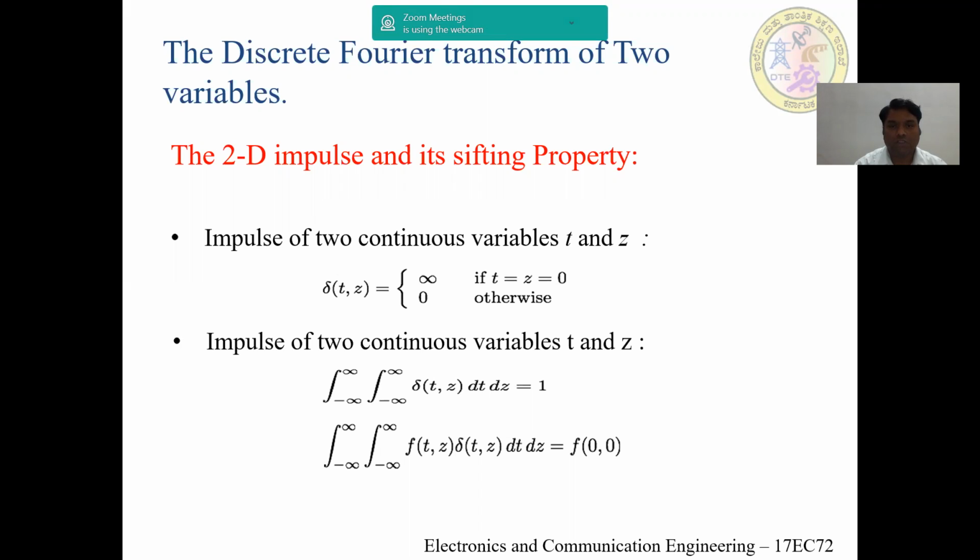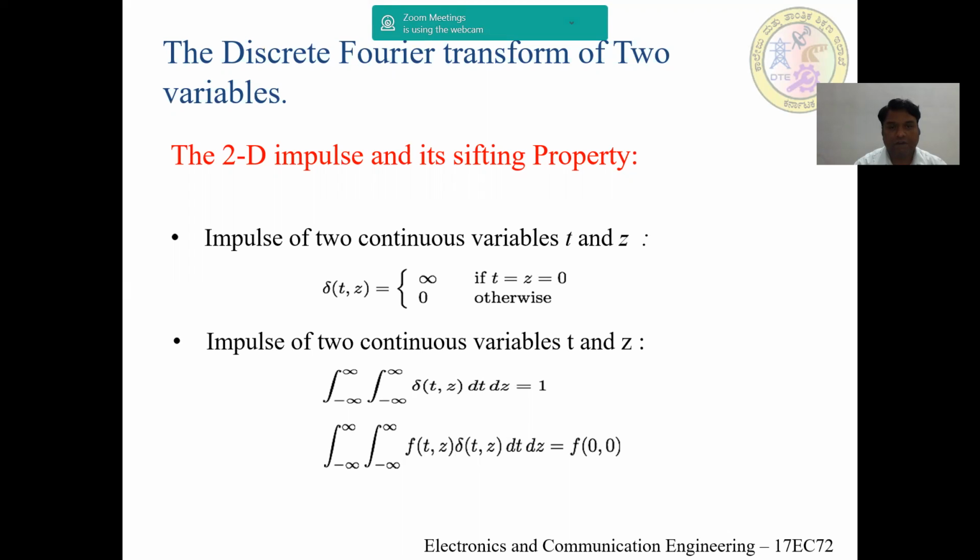The impulse of two continuous variables t and z is given by the integral equation: the integral from minus infinity to plus infinity, again the integral from minus infinity to plus infinity, of delta of t comma z dt dz is equal to 1.